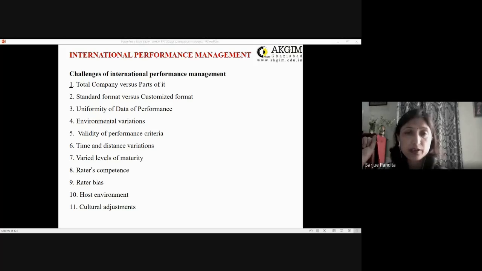So here the challenge is to measure the performance of employees working in headquarters and subsidiaries, because when they follow different strategies and implement varied actions, these aspects of decision making and implementation may result in different measures of employee performance.